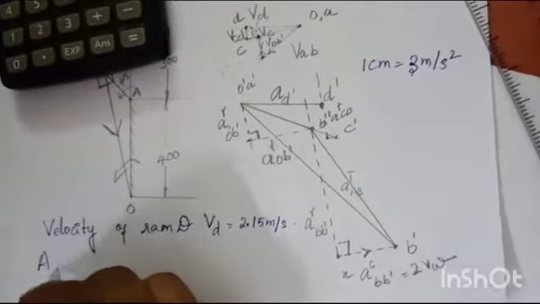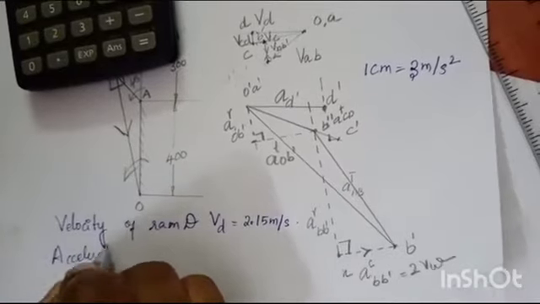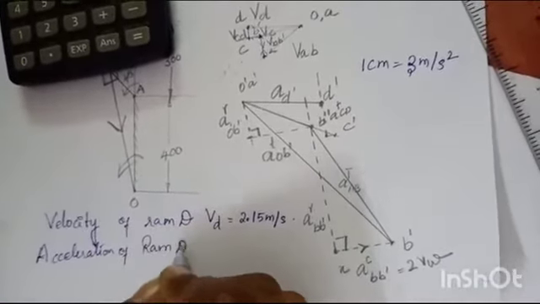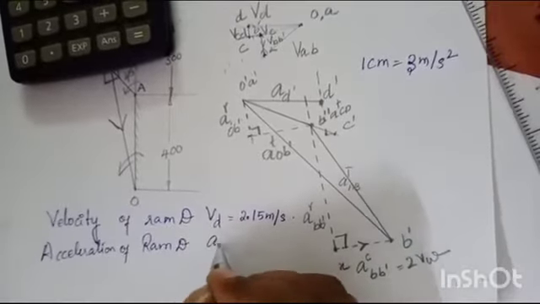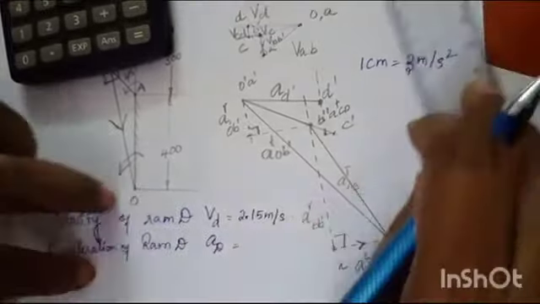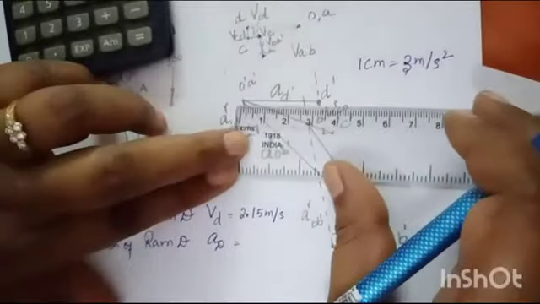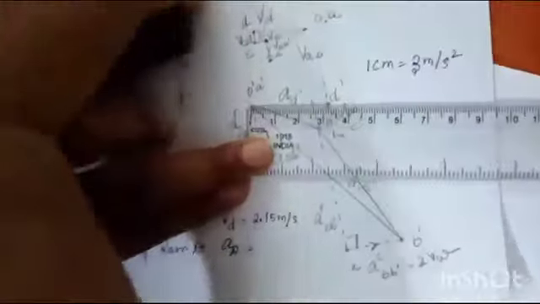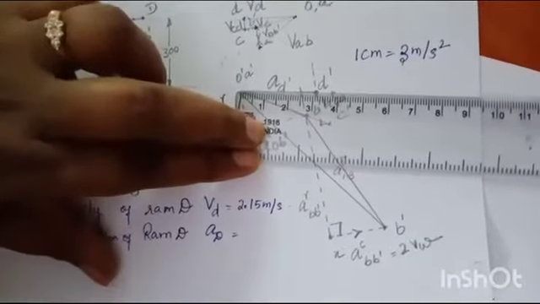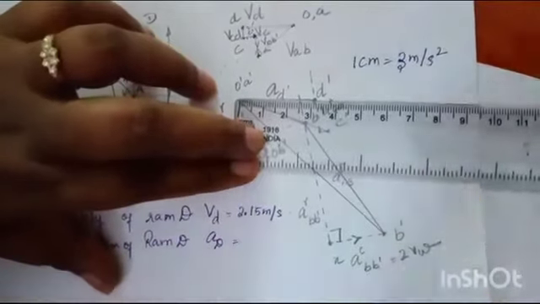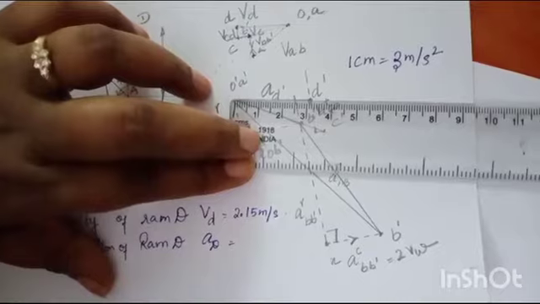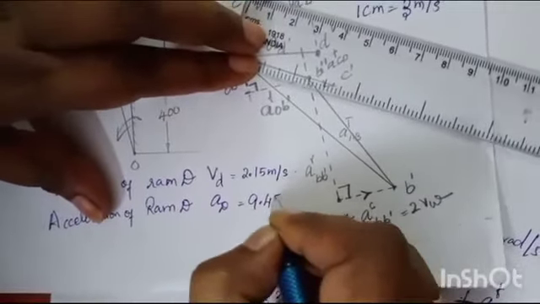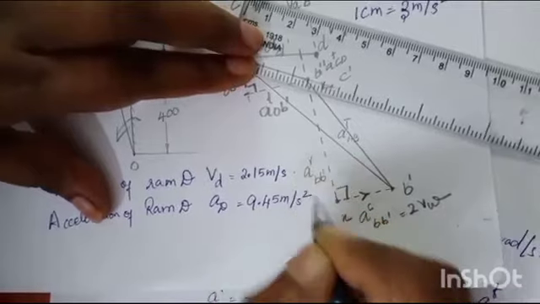Then the acceleration of ram D, which is nothing but a_D directly. You can measure it directly from the acceleration diagram. It comes around 3.15, and multiplying with the scale, 3.15 into 3, you will get 9.45 meter per second square.